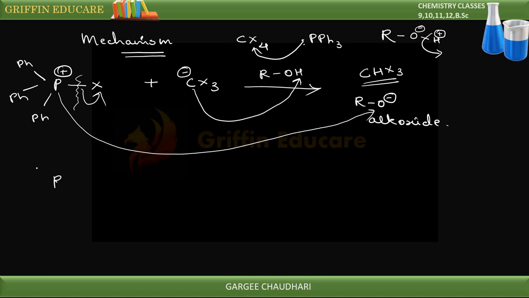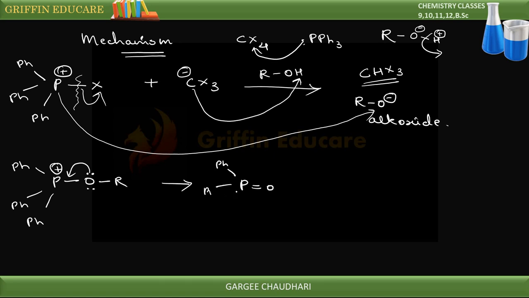There is a formation of this bond between phosphorus and oxygen attached to the alkyl group. Oxygen has two lone pairs. This lone pair it will donate to the phosphorus and this will form P double bond O, breaking this bond and forming R positive.